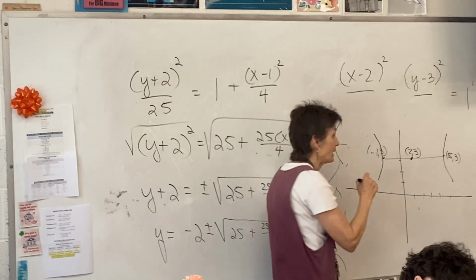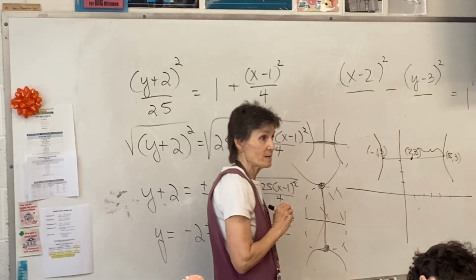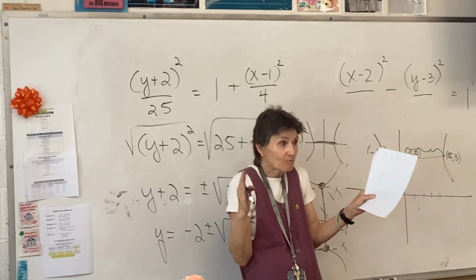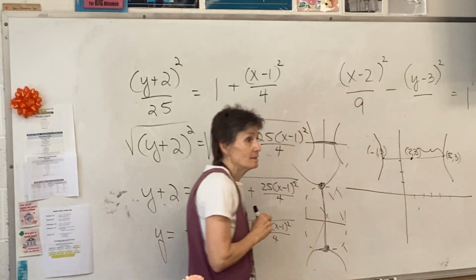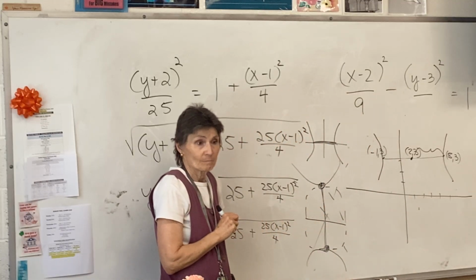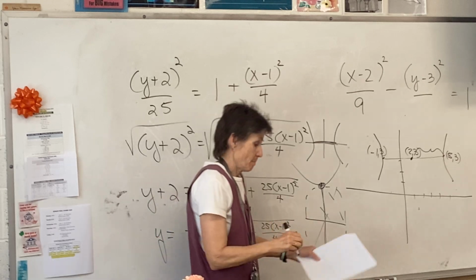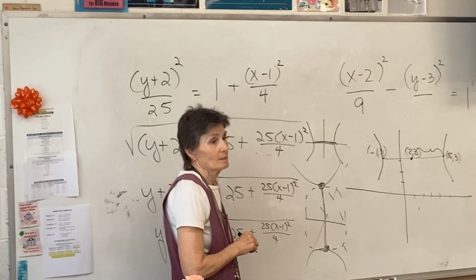And then wait a minute, what's this distance? 3? So here I am at the center. If I counted back and forth 3, then doesn't this have to be a 9? Now, the slope of the asymptotes is 4/3.